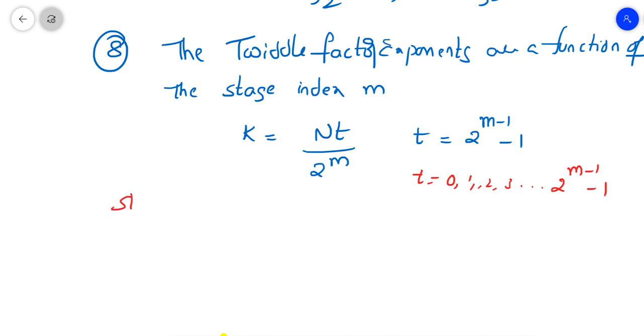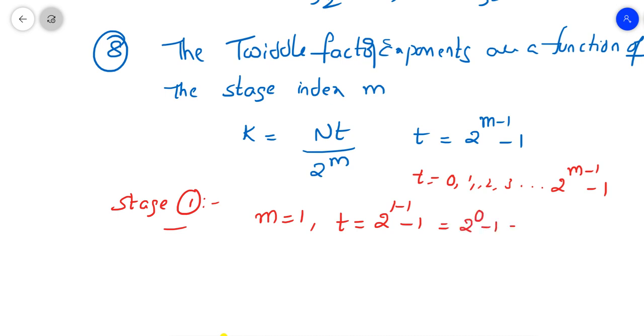Let us take stage 1. For stage 1, the stage index value m is equal to 1. Substituting into t, 2 to the power of 1 minus 1 minus 1 is 2 power 0 minus 1, which is 1 minus 1, equal to 0.